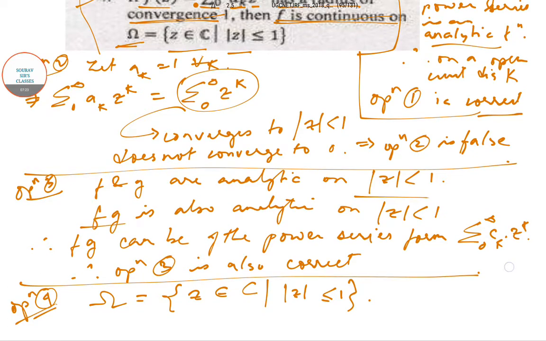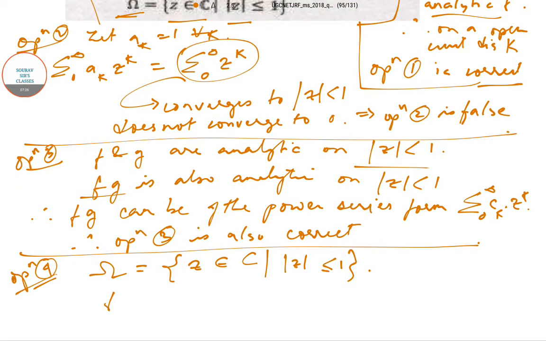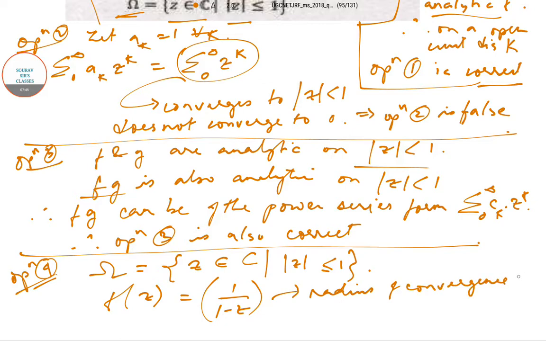We can take a function f(z) of the format 1 by 1 minus z. As you can see, it is a power series, and its radius of convergence is equal to 1. But you can see that at z equal to 1, f(z) is not continuous.